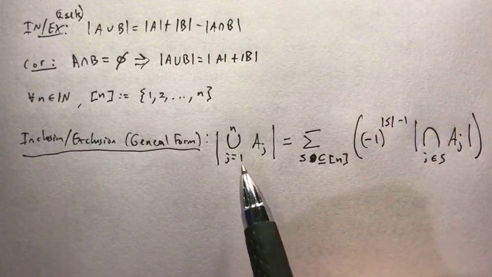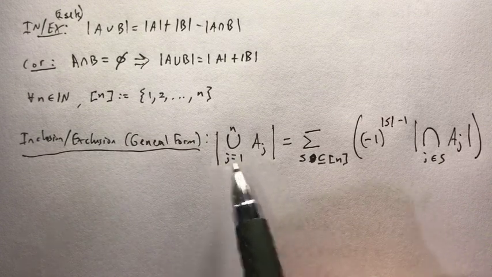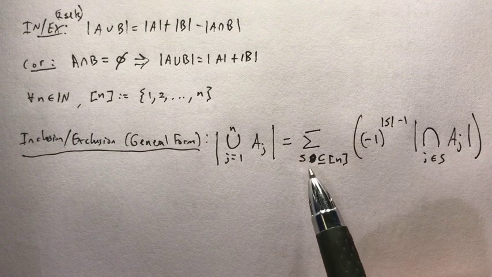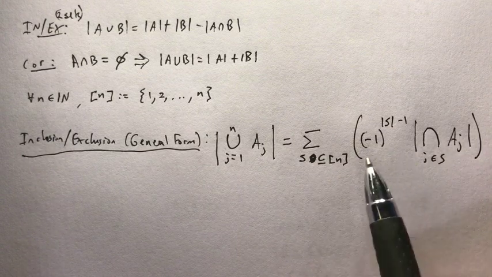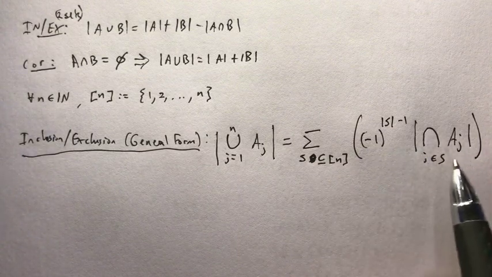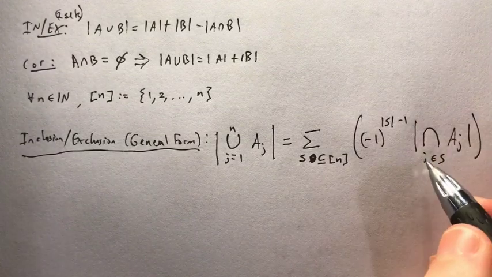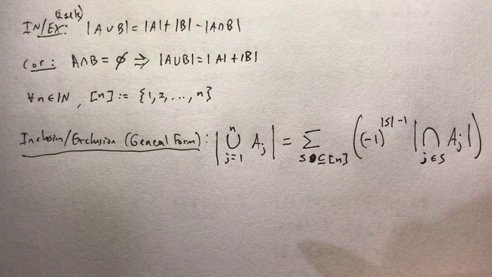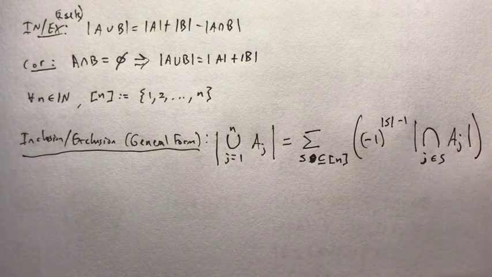So what am I saying here? I've got an indexed union, and the size of this indexed union is the sum of sizes of indexed intersections, where I've got this parity, this plus or minus depending on whether the size of the set is even or odd.